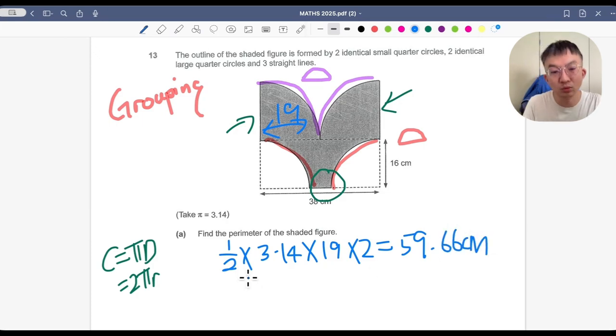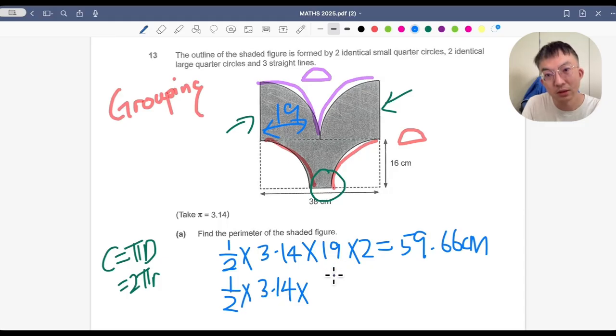Then next, you can do the other one, the smaller one, and take 2 times 3.14 times 16, which is here, and times 2 to give you 50.24 cm.